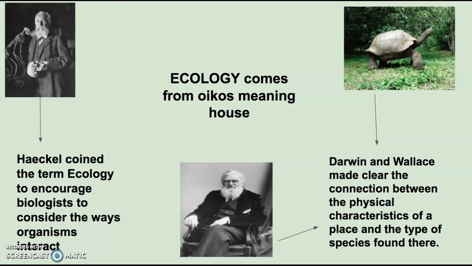Wallace also did field work. He went to the Amazon basin, to Indonesia and to other parts of the world, collecting specimens and species, and studying. We are going to read about them later on when we study the theory of evolution.